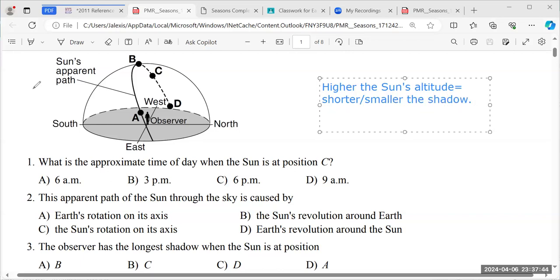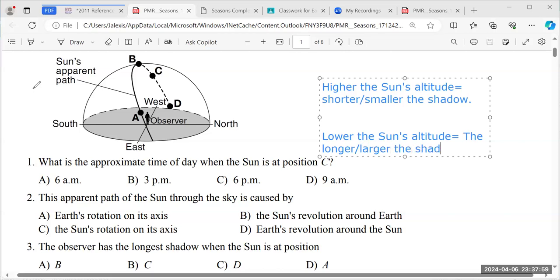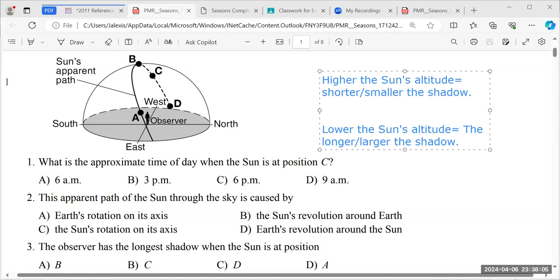The lower the sun's altitude, the longer or larger the observer's shadow. So when the sun's altitude is high, the shadow is going to be small. When the sun's altitude is low, the shadow is going to be large.